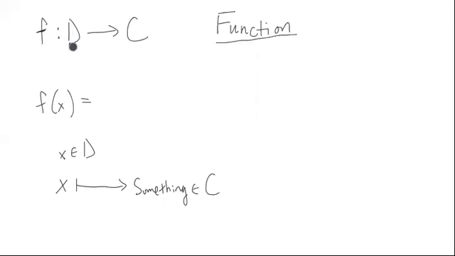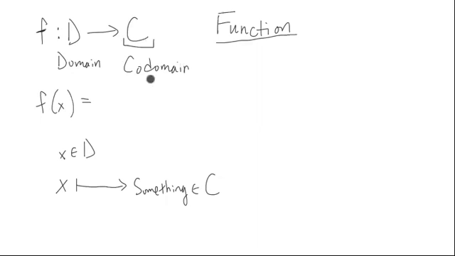The set that it takes things from is called the domain. The set of possible output values, or kind of like the data type, is called the codomain. Not the range, but the codomain. The range is actually the actual outputs that the function has.